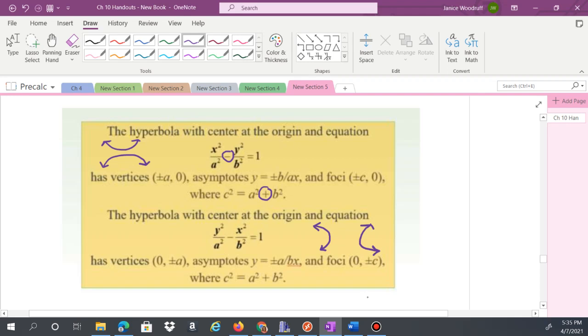Okay, now let me double check that because now I'm questioning myself. I forgot to bring my notebook today. Okay, so when x squared comes first, you are going left and right. So with x squared first, your hyperbola will look like this. And then with y squared first, your hyperbolas will be up and down.